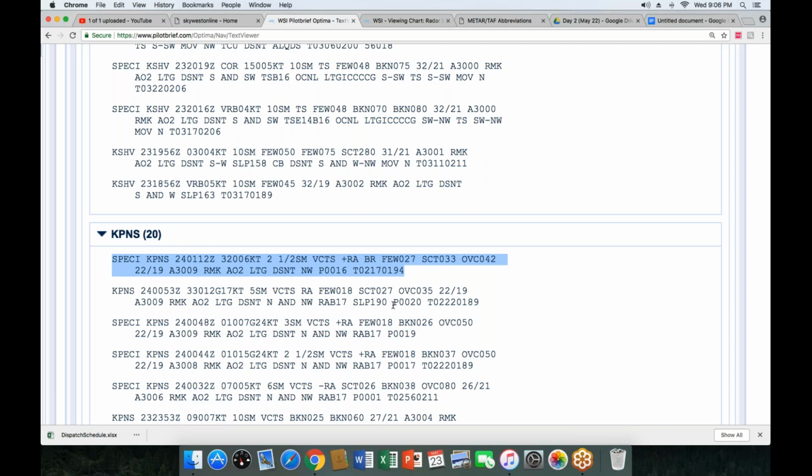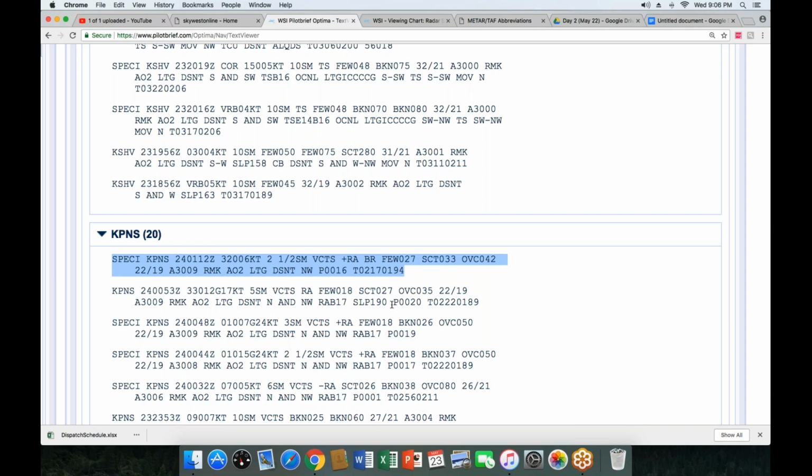Let's see. I'm not sure what OV BC means. Look that up real quick. So that's in our weather identifier. Yeah. I'm sorry, sky condition. Sky condition. Yeah, overcast. There you go. Overcast clouds at 4,200 feet.